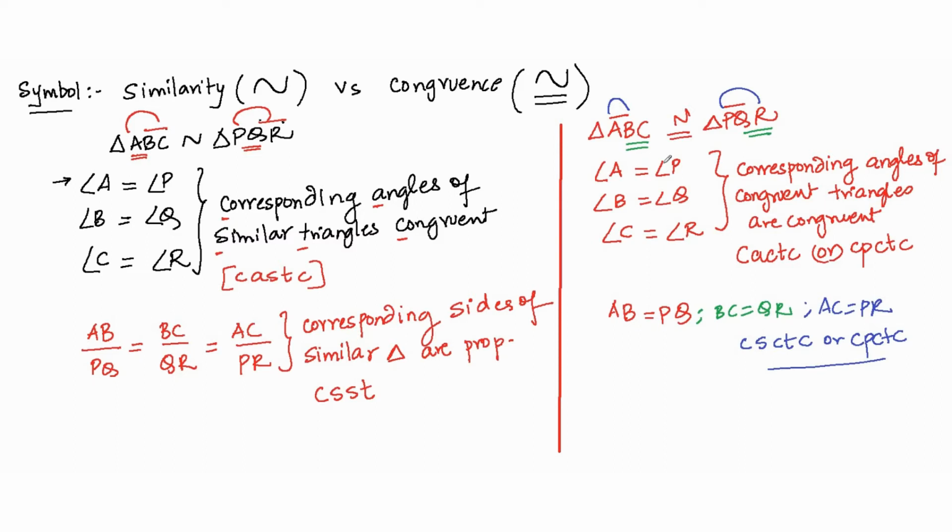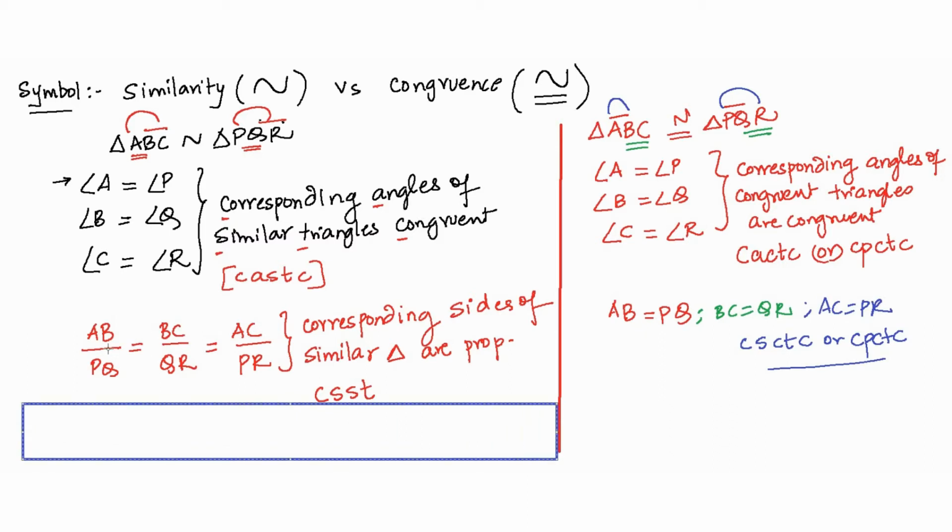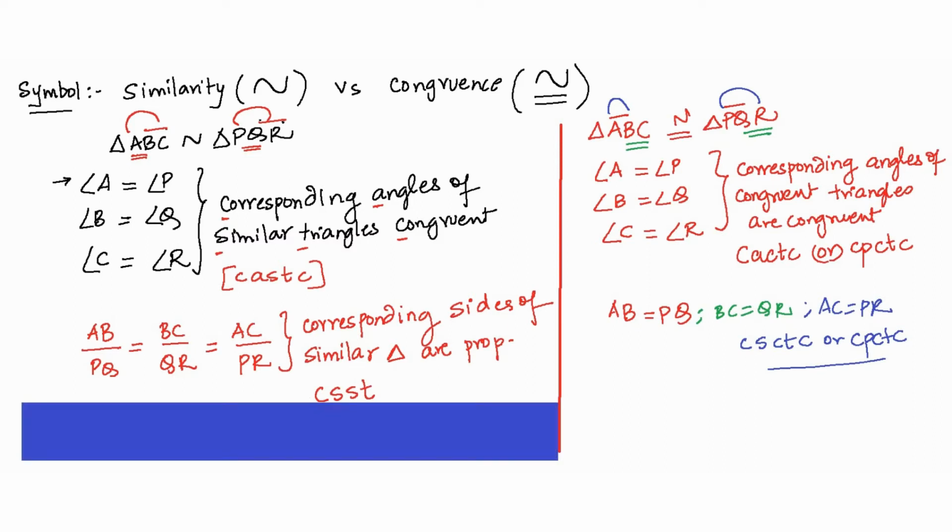Now, congruence is definitely an outcome of similarity. So I can make a statement as follows. Let's make a special case where AB upon PQ is equal to BC upon QR is equal to AC upon PR, and let's assume that this is equal to 1.